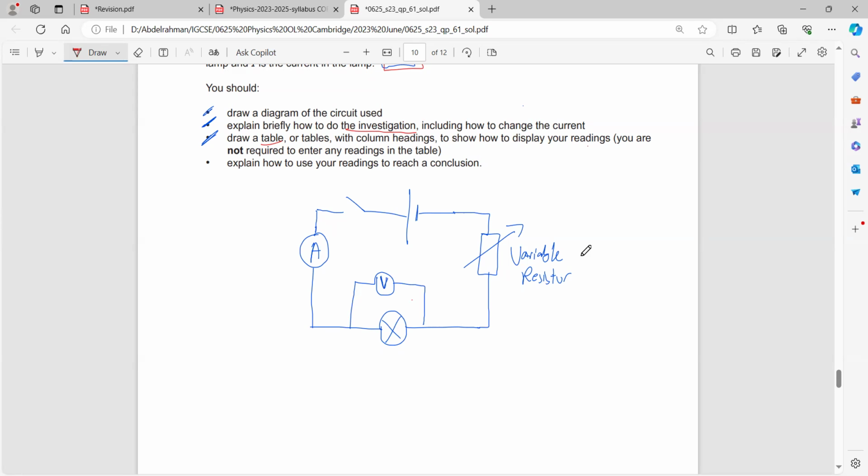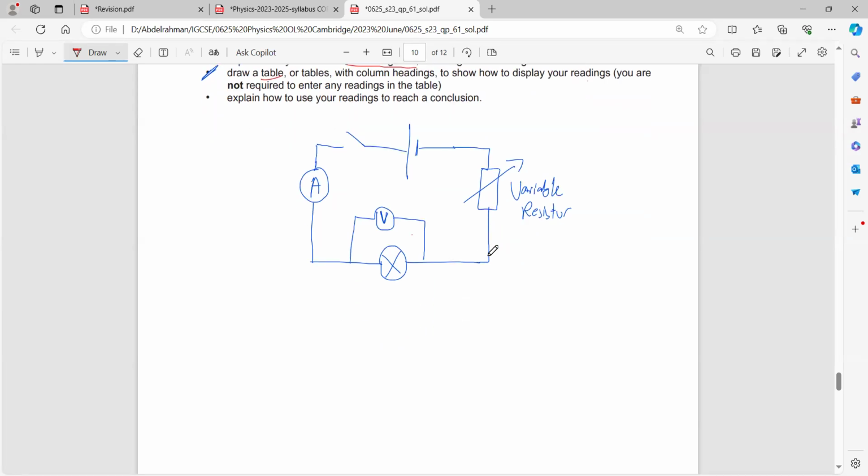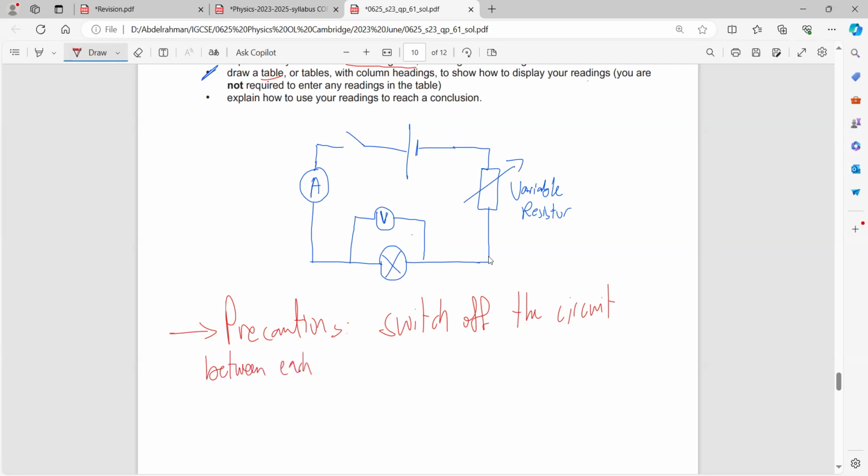For this question, there was something about one of the precautions again. If he asked you to write one of the precautions, one of the main precautions with any circuit would be to switch off the circuit between each reading.